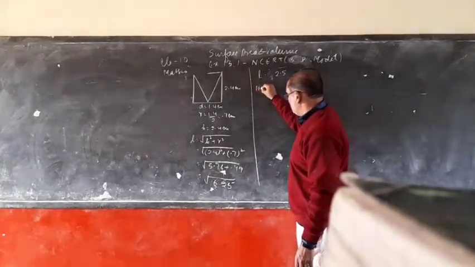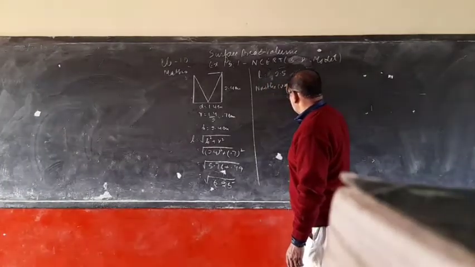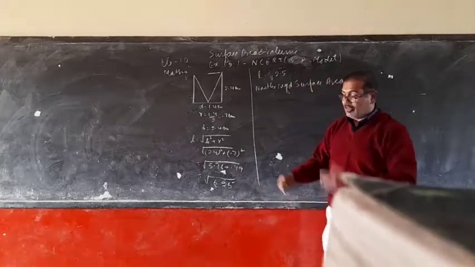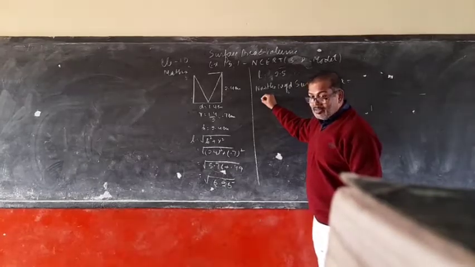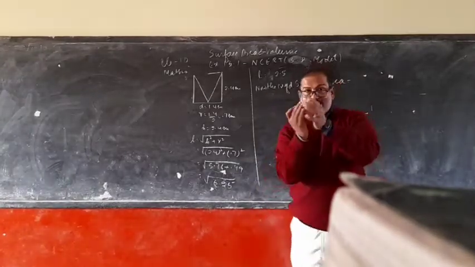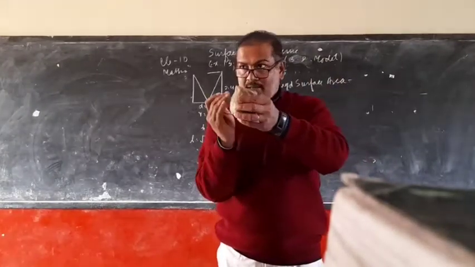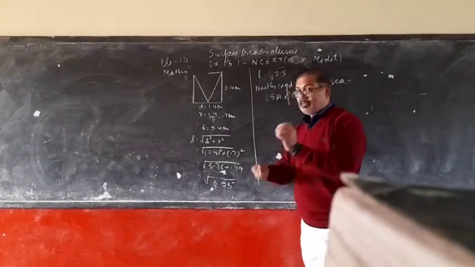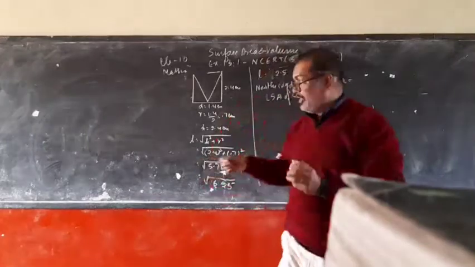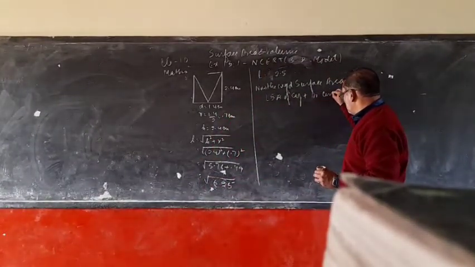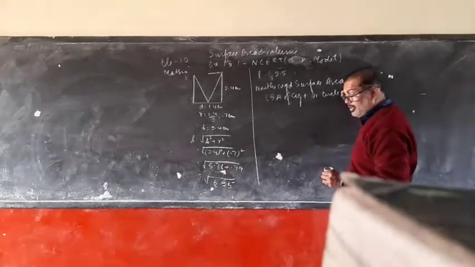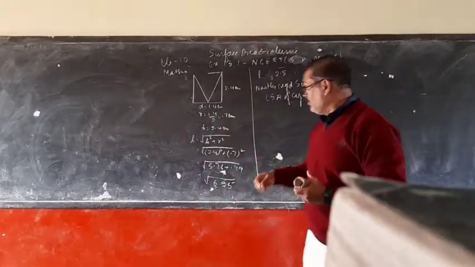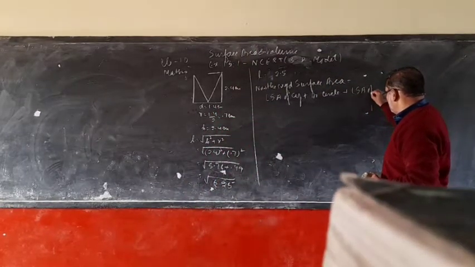Now the required surface area is equal to the lateral surface area of the cylinder plus the circular base area, the area of circle, means the circular base of the cylinder, plus the LSA of cone.